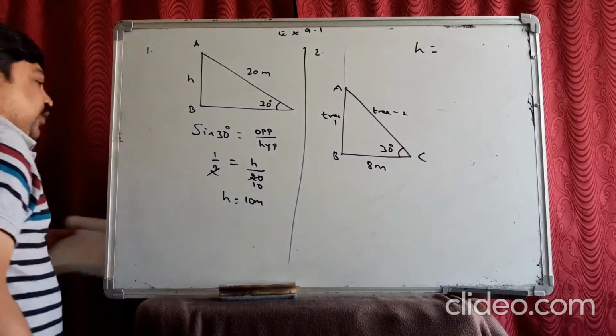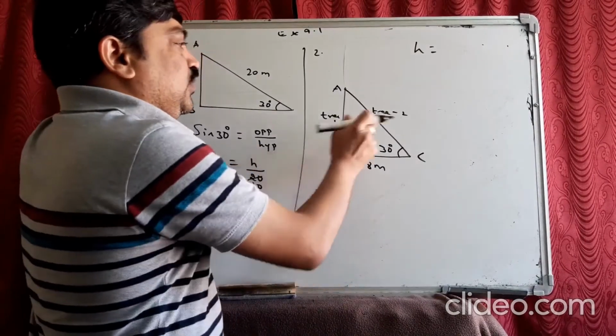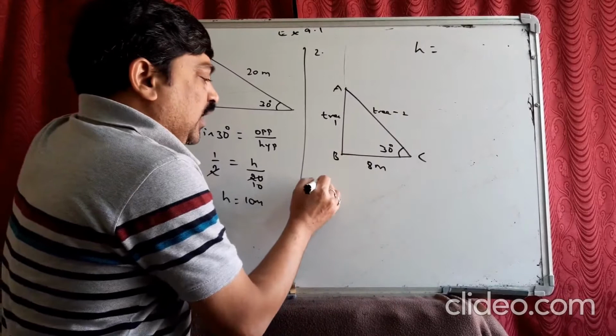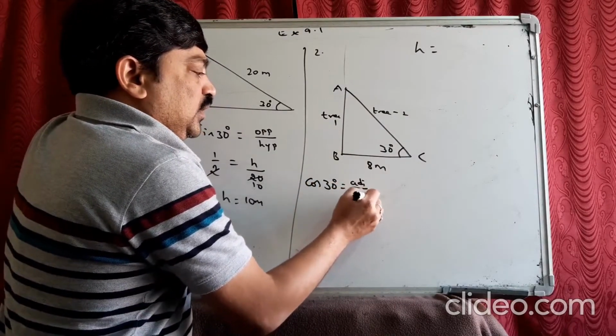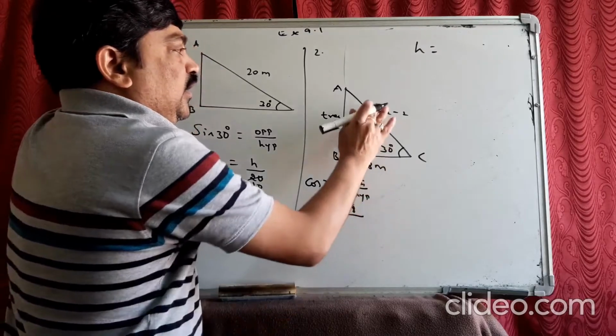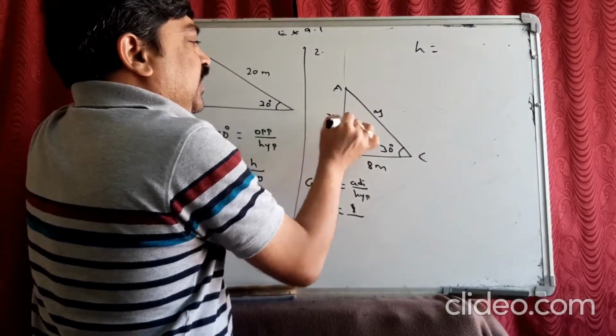So first of all, adjacent side is available, you need to find out the opposite and the hypotenuse. So when adjacent is available, I go with cos 30, it is adjacent by hypotenuse. So it becomes root 3 by 2 equals 8 by y. Let us take the broken part as y, and the tree 1 part we take as x.